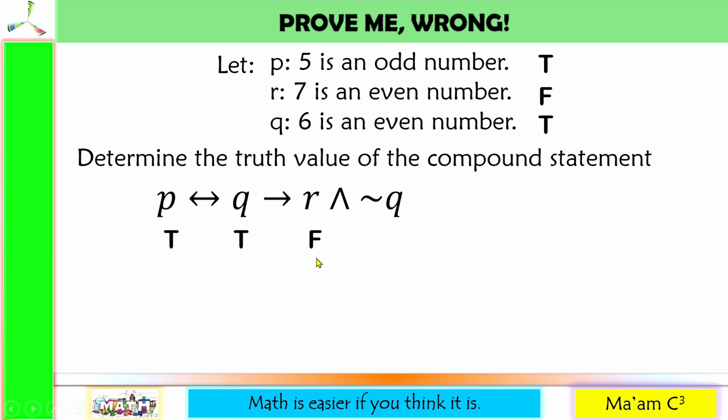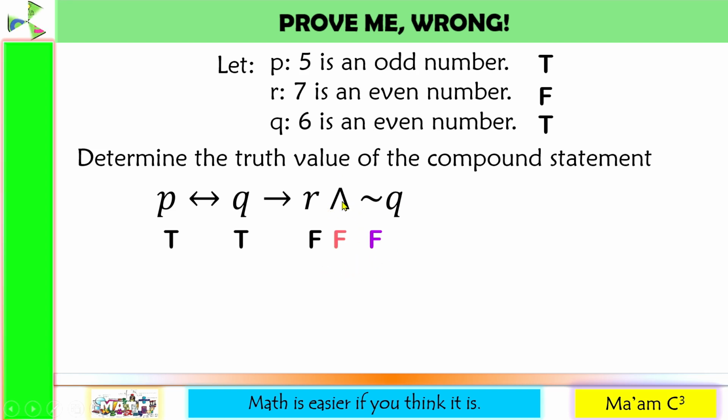So again, order of precedence, we have to perform first negation. So negation of Q. Our Q is true, so the negation of it is false. Next in precedence is the conjunction. So R and not Q. Since these are both false, then the conjunction is also false.